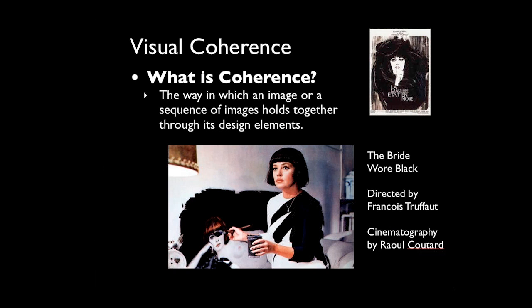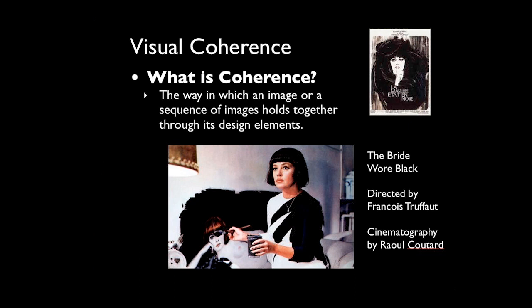Visual coherence is the idea that when we put together similarities within an image, it helps to hold that image together. That's the idea Bruce Block discusses in terms of affinity: affinity of tone, affinity of color, affinity of line, and various things like that.